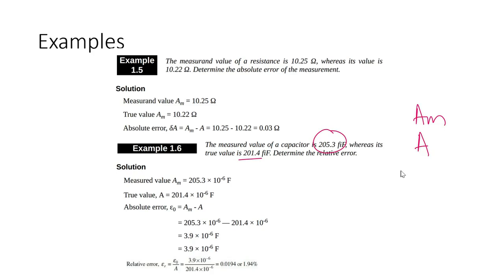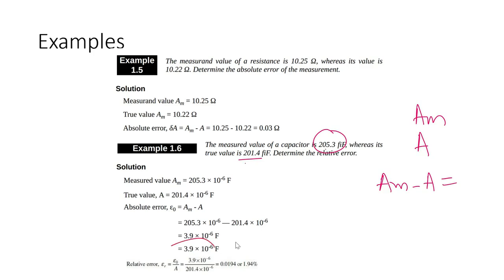Calculate the relative error. So relative error is actually the absolute error divided by the true value. Absolute error is AM minus A. So AM minus A turns out to be this value minus this value.